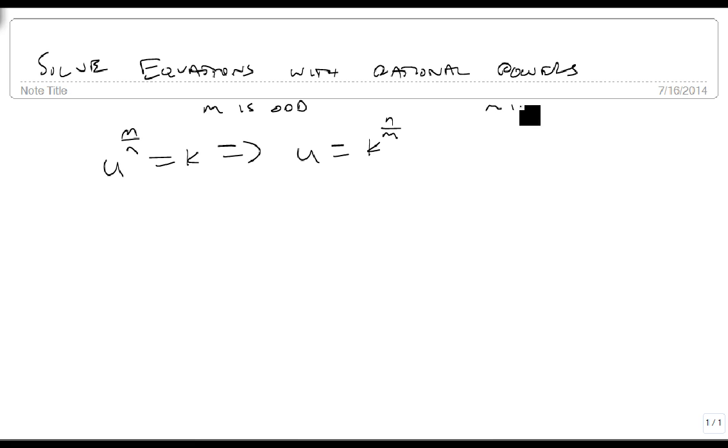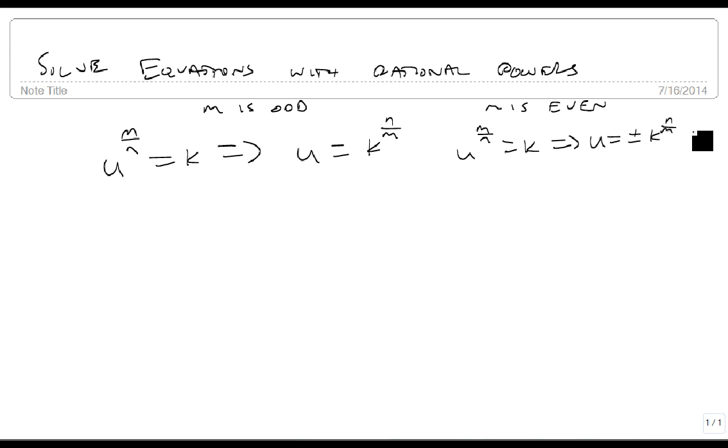If m is even instead, it does something else. Then our u to the m over n equals k implies that u equals plus or minus k to the n over m power. And this becomes really important to make sure that you follow, understand, and use correctly.